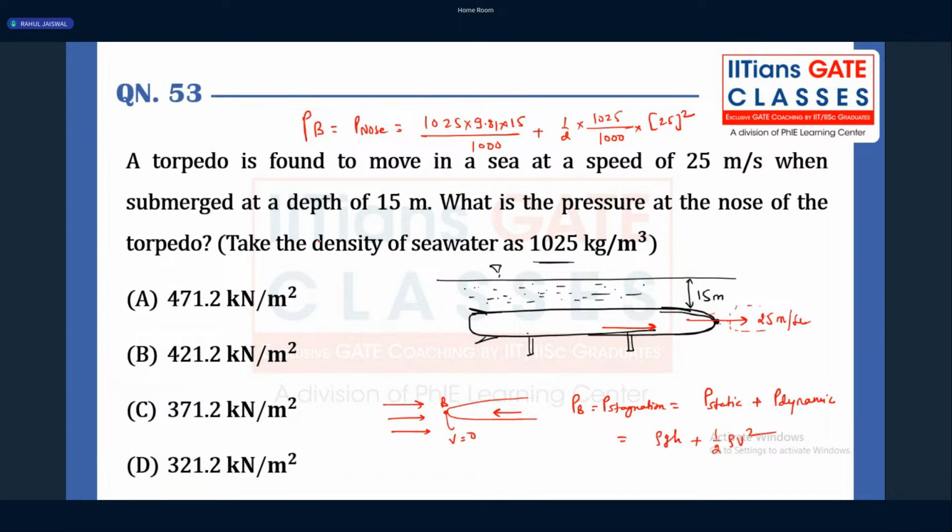So 1025 into 9.81 into 15 divided by 1000, plus 1025 into 25 into 25 over 2000. So approximately we are going to get the pressure at a point B as 471.14 kilonewton per meter square. So approximately which option is correct? A will be correct.